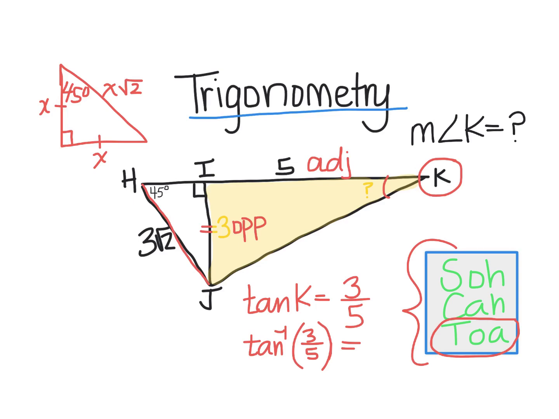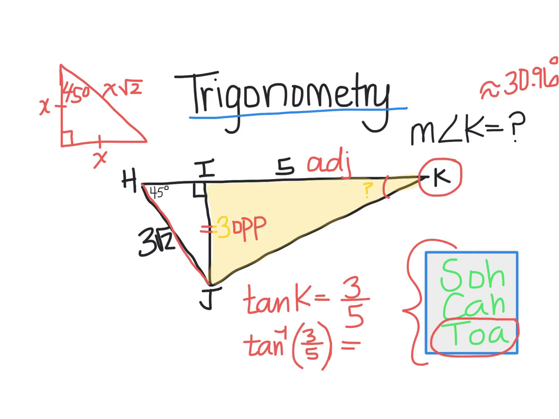So I'm going to say that the measure of angle K is about 30.96 degrees. And of course that's rounded, and that's degrees, since we're finding the measure of an angle.